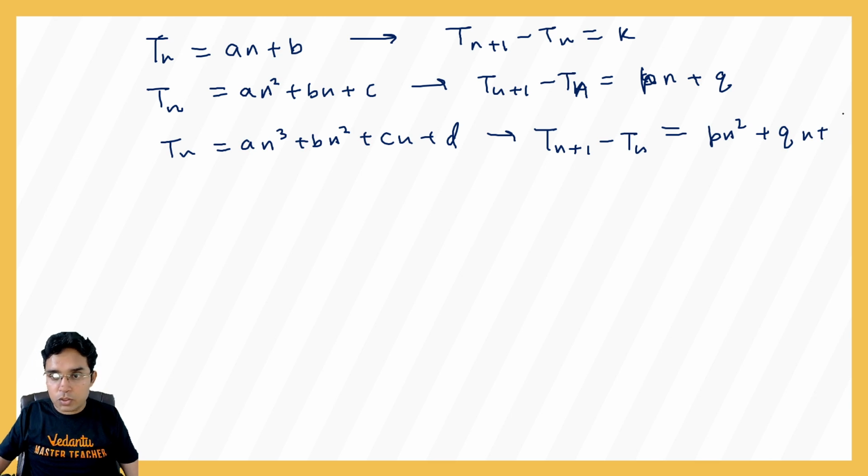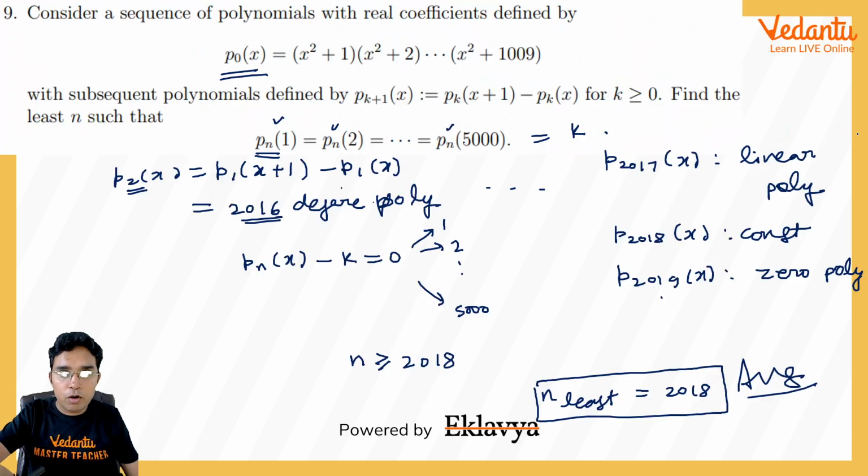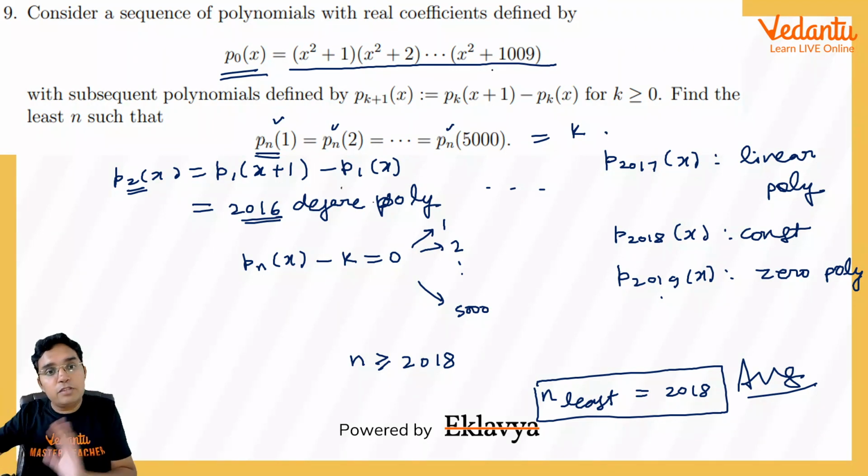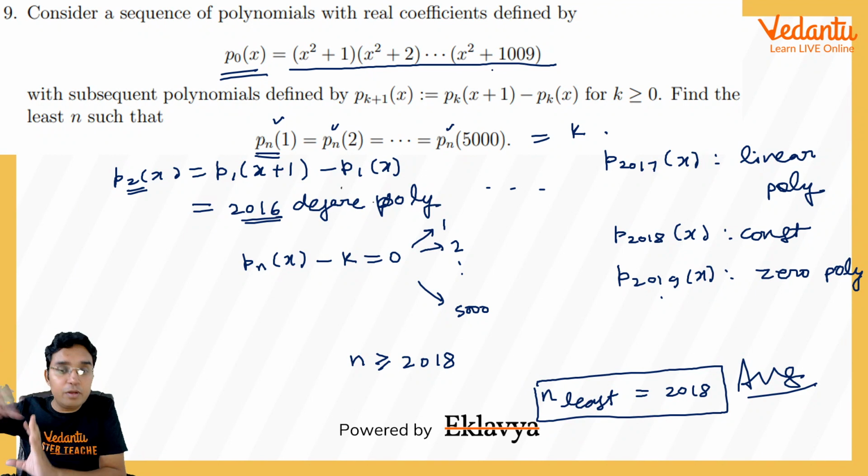So in this question also, replacing x by n will give you the nth term of some progression whose differences of terms will be constant.